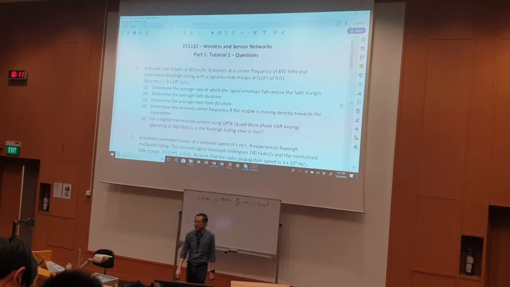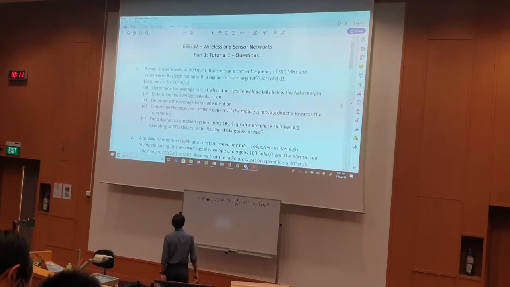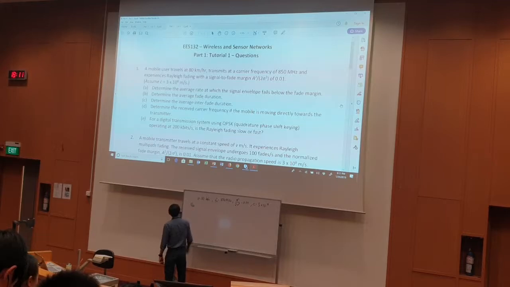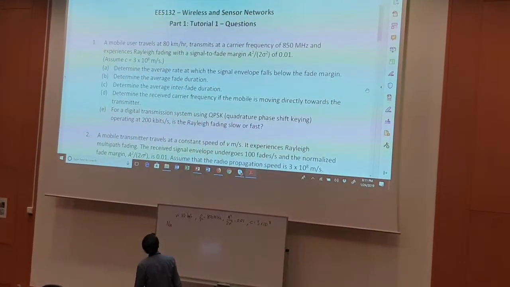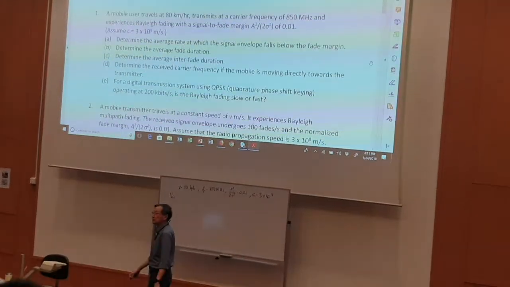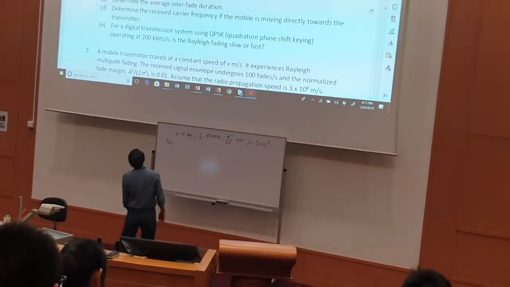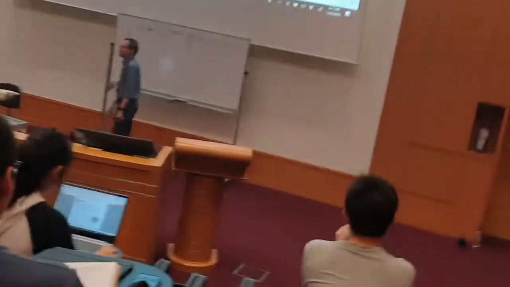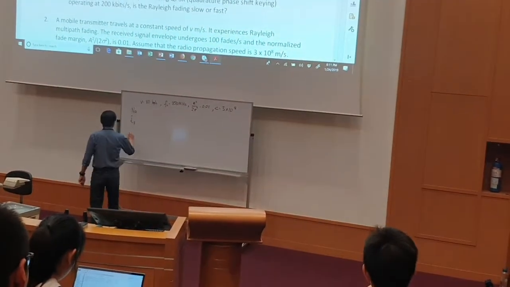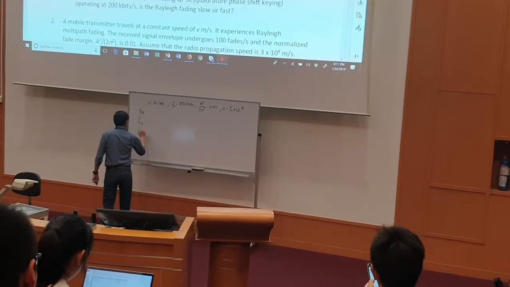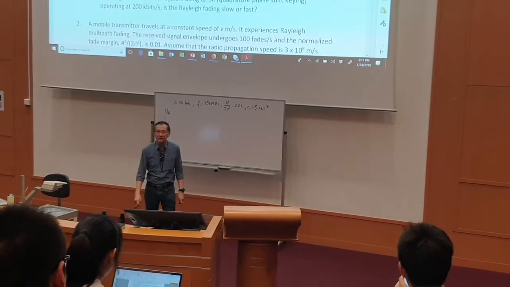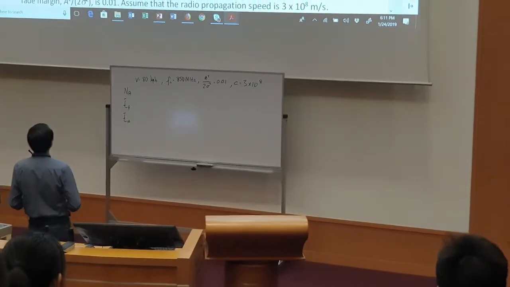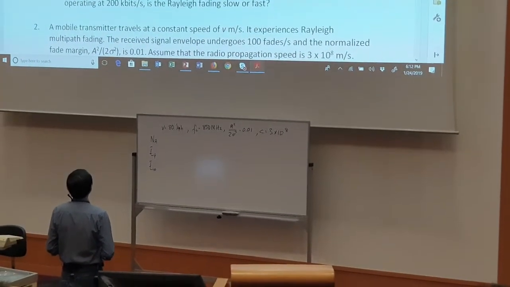In part A, we are supposed to find the average rate at which the signal envelope falls below the fade margin. In part B, we are supposed to find the average fade duration. And in part C, we are supposed to find the average interfade duration. As I said, the formulas are all there. We already covered that last week. You just plug in the formulas and you get that. So that's pretty straightforward.